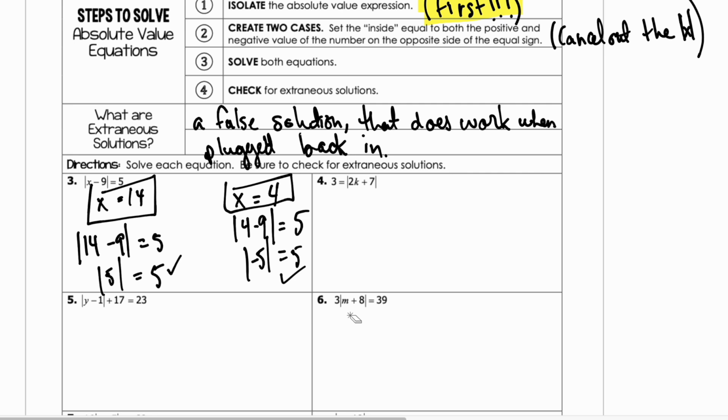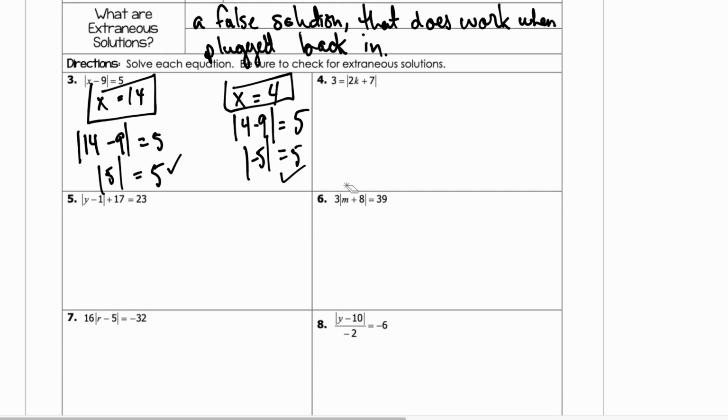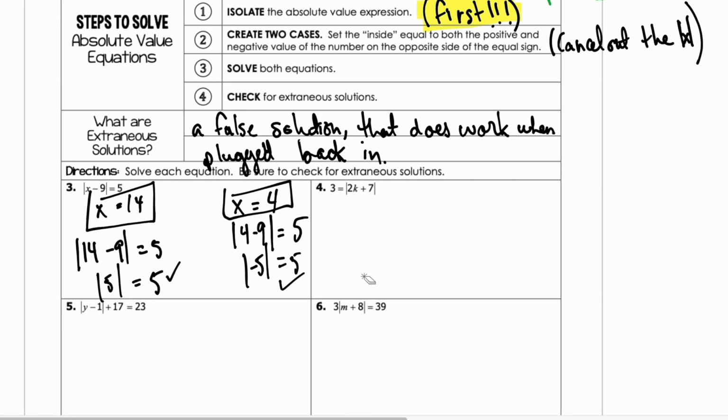Let's look at number 6, where we have something on the outside of the equation. And this is where we are going to have to use our step 1. Step 1 says to isolate the absolute value expression. So now, before we can solve, we need to get this 3 to the other side of the equation.